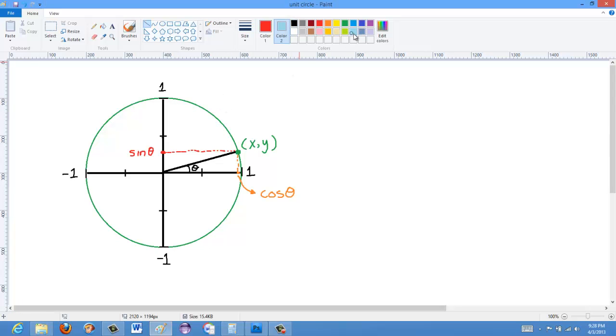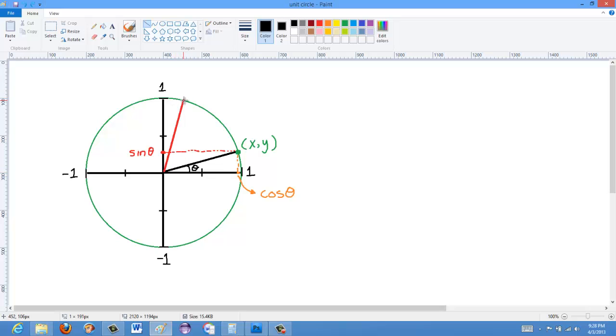If I drew it like this, in a different color, then you would see that its cos value would be significantly smaller than the other one where it touches down here.